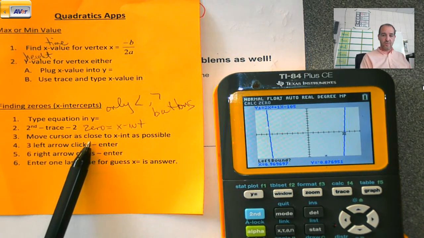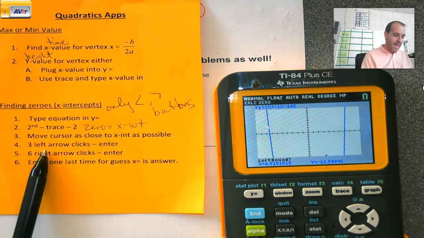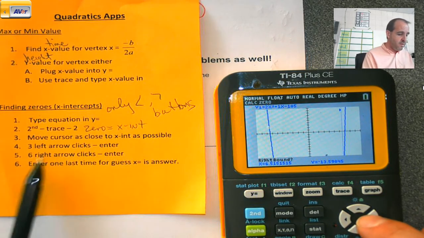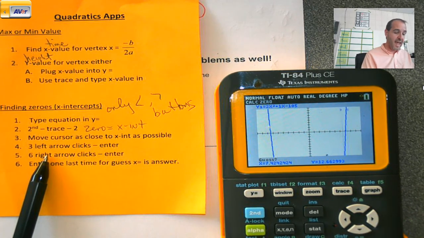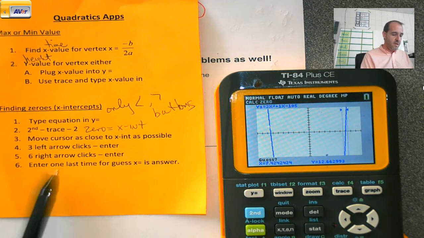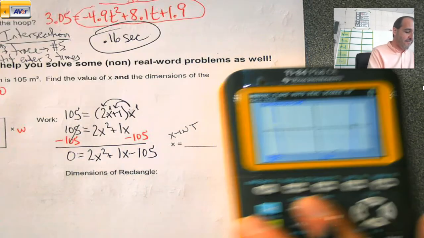So that's about as close as we're getting this time. Left. 1, 2, 3. Enter. Again, don't worry if it disappears. Right. 1, 2, 3, 4, 5, 6. And enter. Again, just because it's off the screen is not a bad thing. And one last time for our guess. And it says x equals 7.